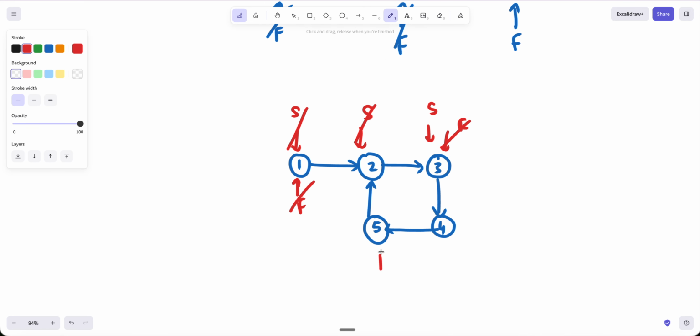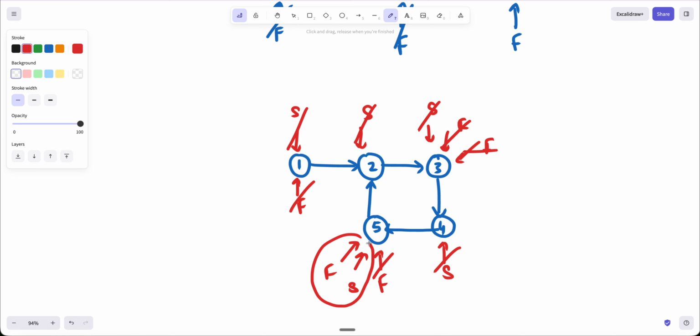So fast moves at 2x, and slow moves at 1x, fast moves at 2x, slow moves at 1x. So both slow and fast met at some node, because they are running in the same loop.